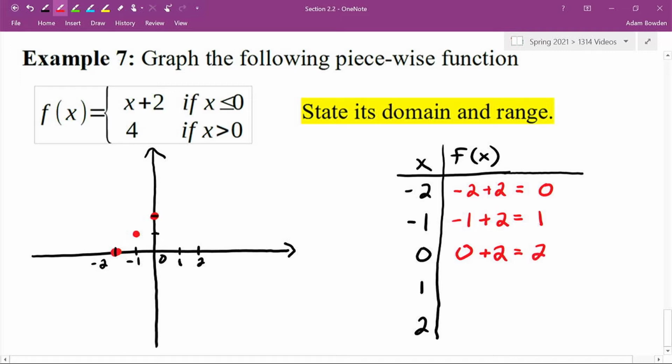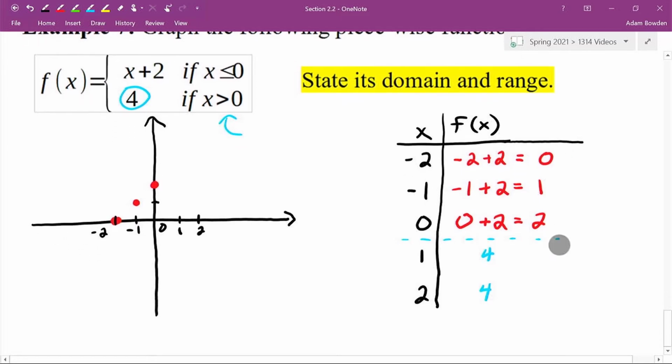Now for every number after 0, it changes, because the function says when it's greater than 0, it's equal to 4. So after that, for x equals 1, it's 4. For x equals 2, it's equal to 4. And everywhere down past that, it's just going to keep continuing on that number.